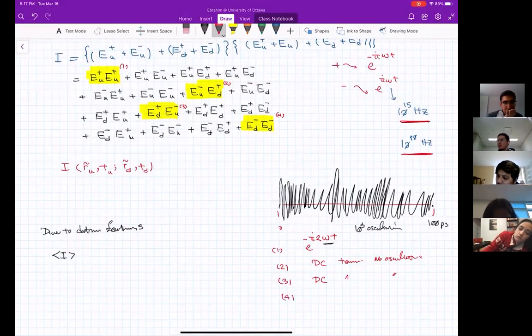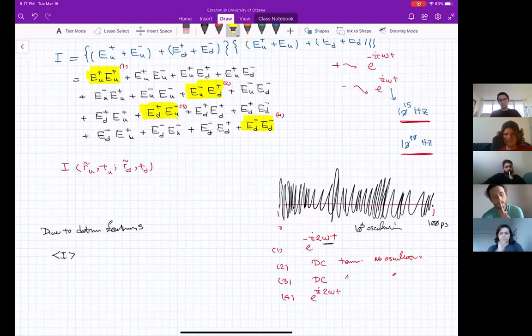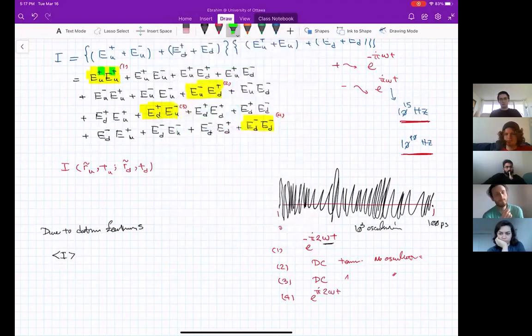So let's ask someone else. Chandler, can you tell me about the fourth term? E to the i 2 omega t. Lovely, exactly. So now you find a pattern here. If there is plus plus, the frequency will be double.